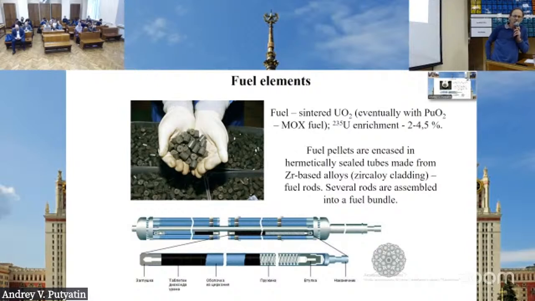In the beginning of the nuclear era, the enrichment was usually lower, something like 2%. And for example, in Chernobyl reactor, the enrichment was close to 2.4%.